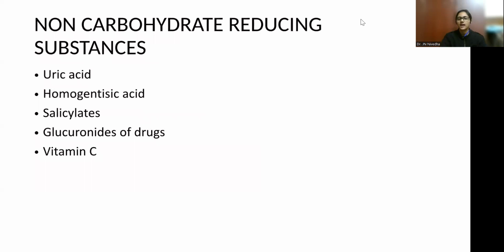Now, what are the non-carbohydrate reducing substances? As I had already told, not just reducing sugar, any substance which can reduce the Benedict's reagent will show a positive Benedict's test. Other than carbohydrates, substances like uric acid, homogentisic acid, salicylates, glucuronides of drugs, and vitamin C can show a positive Benedict's test.